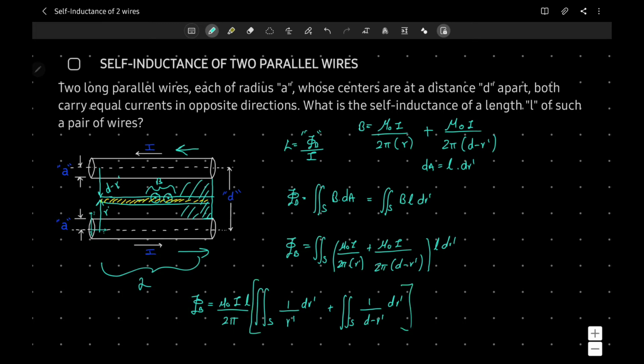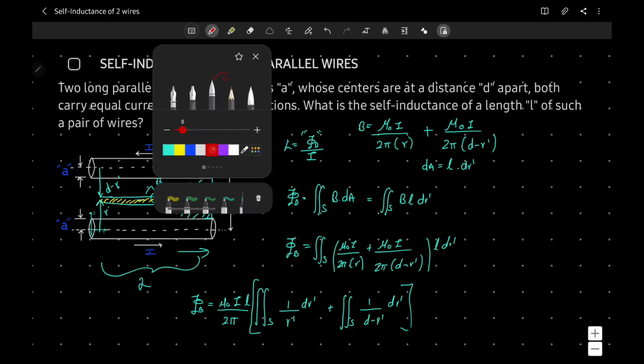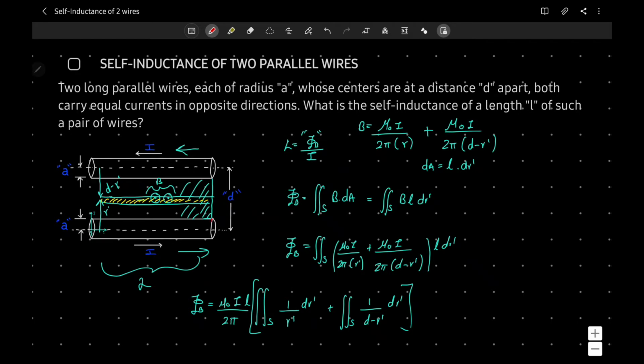Now I have to do the math, and before that I have to know the limits of this integral. So I'm going to find the magnetic flux in this area, starting from a, that's a, and I will end at this point. So that will be d minus a.